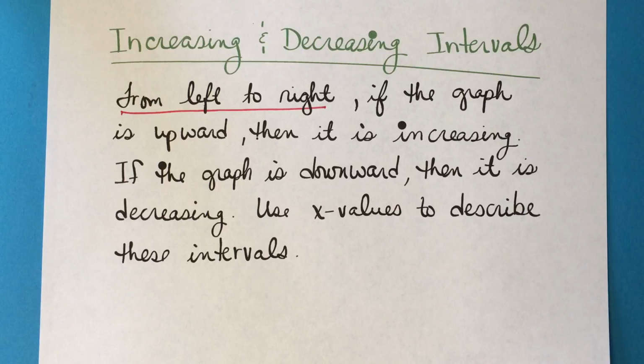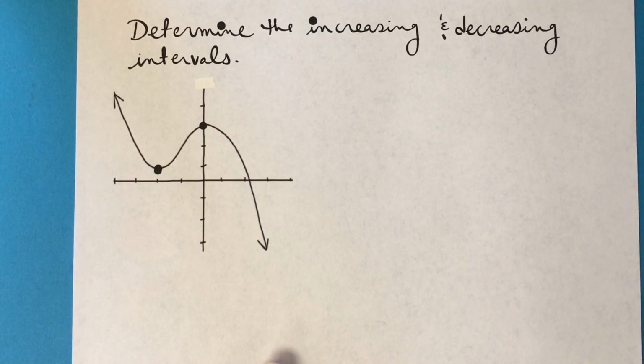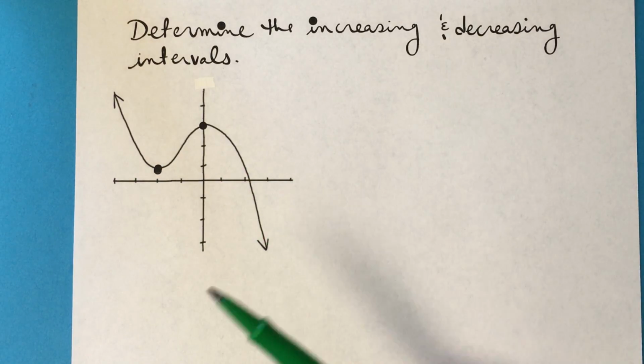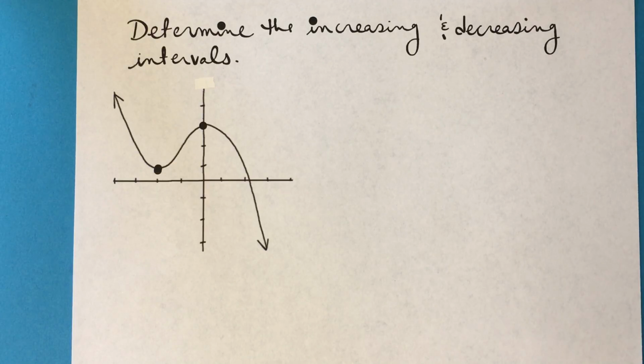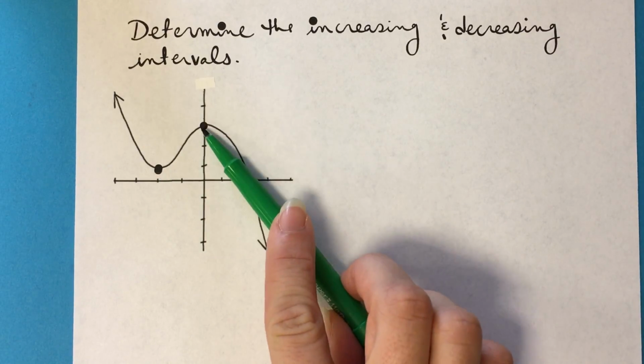All right, so here's the example we're going to look at. You need to take a second and sketch this. There are many points on this graph, but I've only marked two of them, because these are the only two you actually need to know for sure: this point and this point.